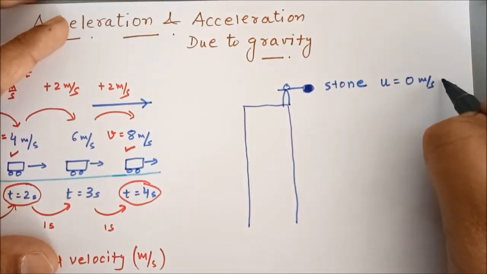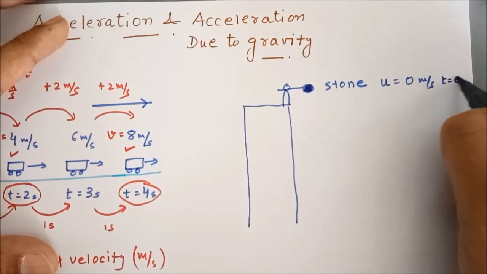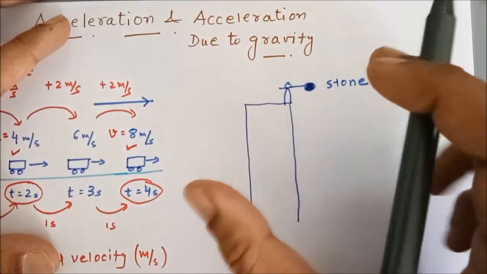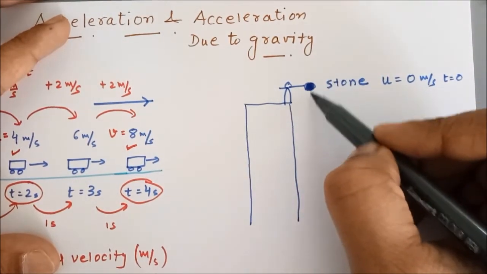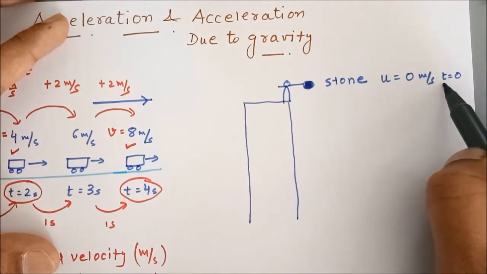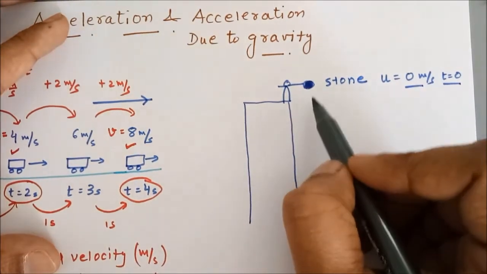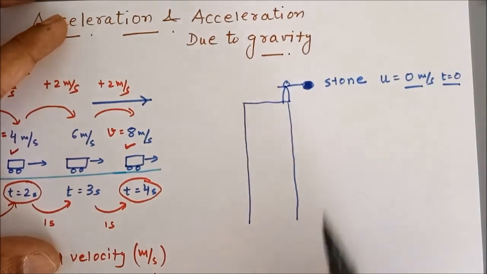And suppose the boy leaves the stone, he is not throwing it, he is simply leaving it. The moment you leave, the time starts, so at that time, time is 0, and speed was 0, then the speed will keep on increasing.